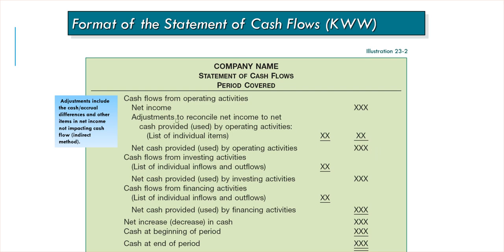And then the adjustments to reconcile net income, which go in the middle, will include the current asset change, the current liabilities change, and it'll also include anything which shows up in income but which is not a cash item.